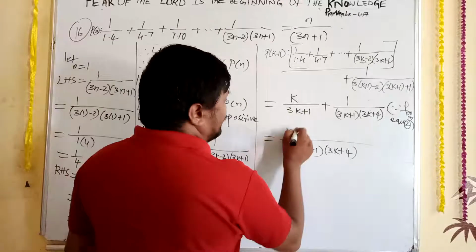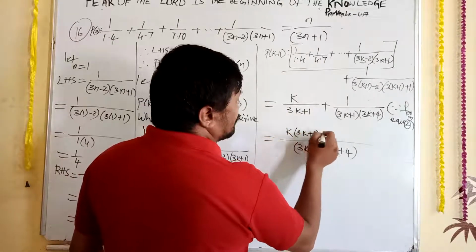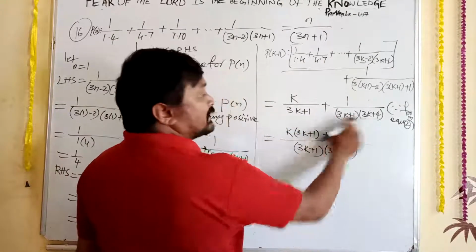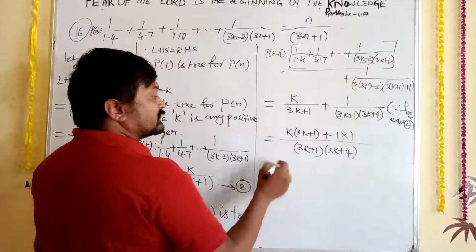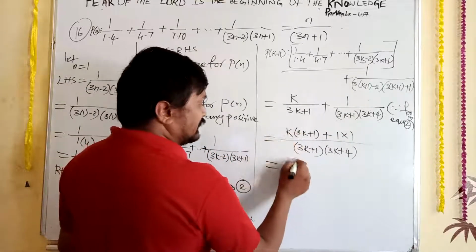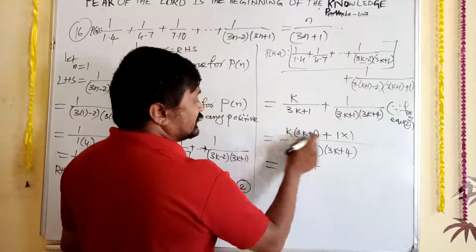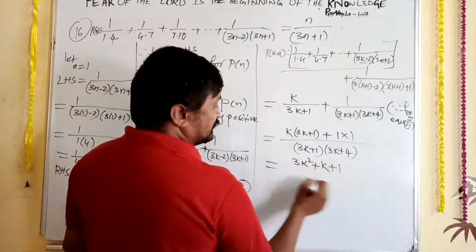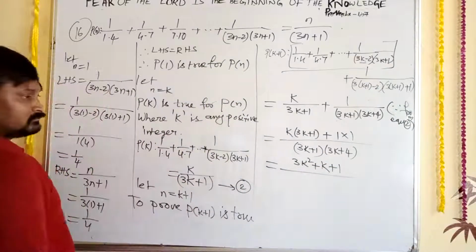So write k into (3k plus 4) plus 1 into 1, over (3k plus 1)(3k plus 4).